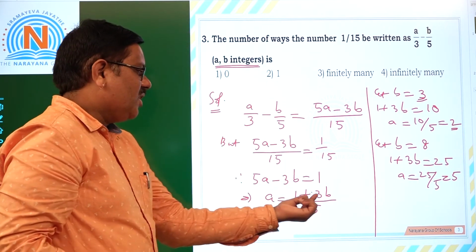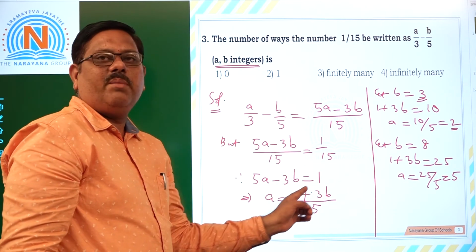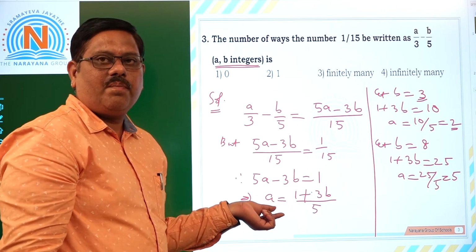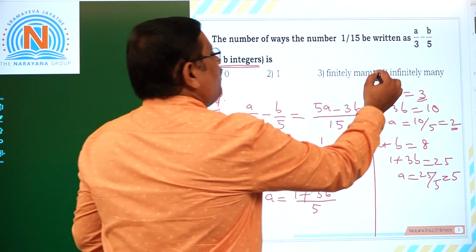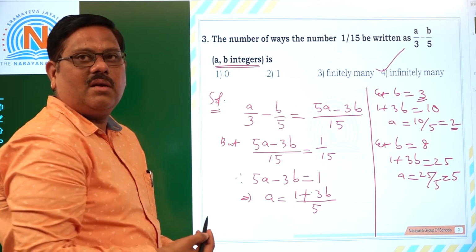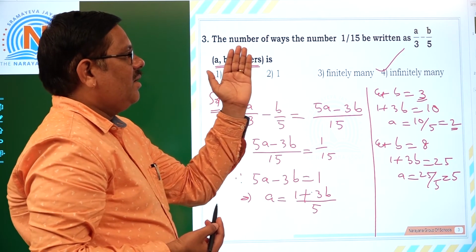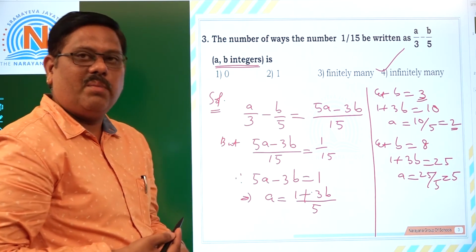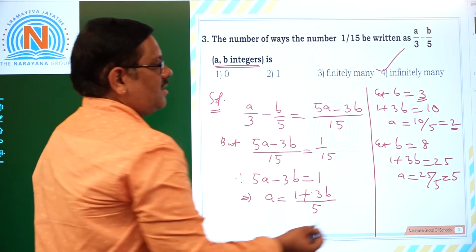Like that, we can choose many values of b in such a way that 1 plus 3b is always a multiple of 5. Thereby you get different values of a. So how many such a, b are existing here? Infinitely many. There is no limitation for that. There are infinitely many values such that 1 by 15 can be written as a by 3 minus b by 5. So out of the given 4 options, the fourth option is the right answer for us.